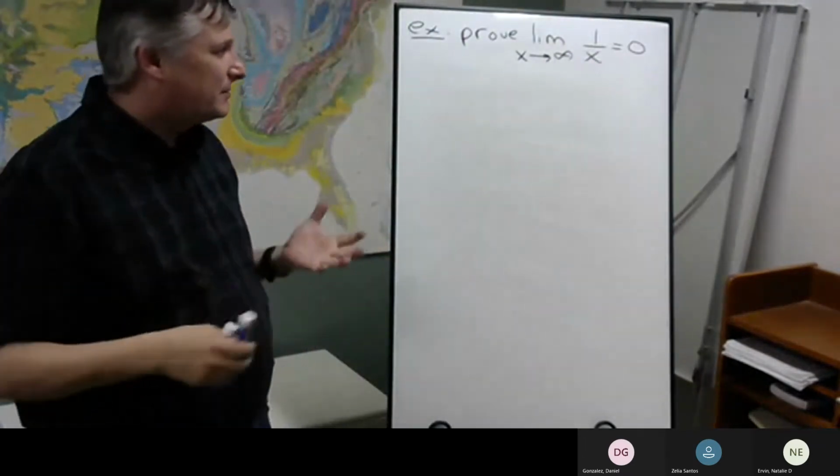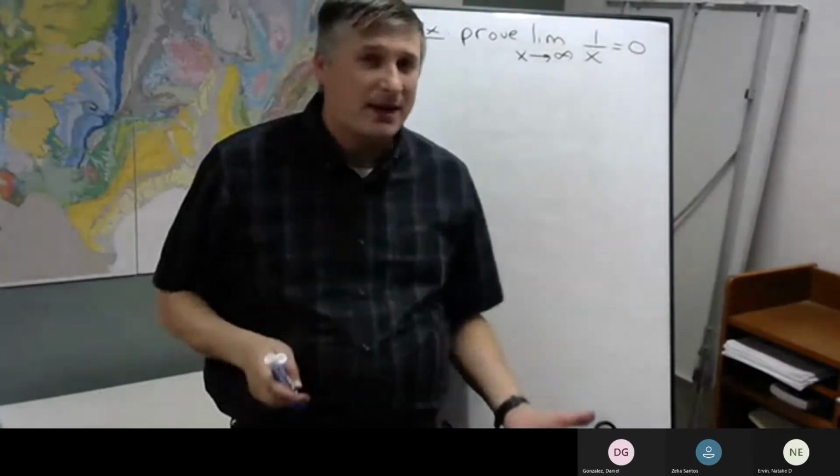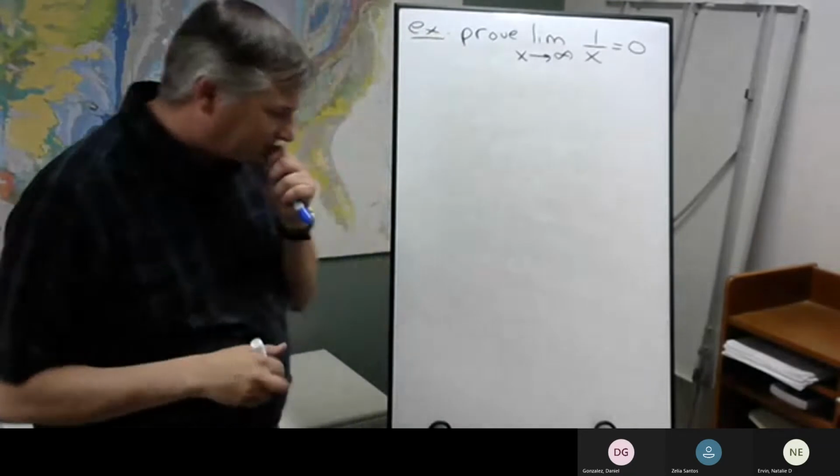Let's prove the limit as x goes to infinity of 1 over x equals 0.